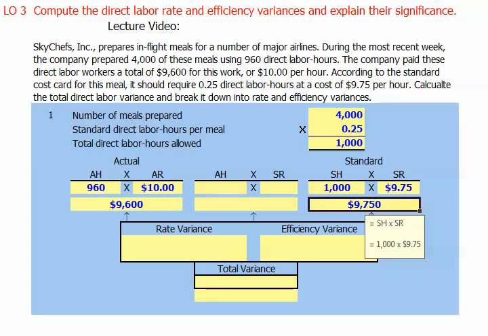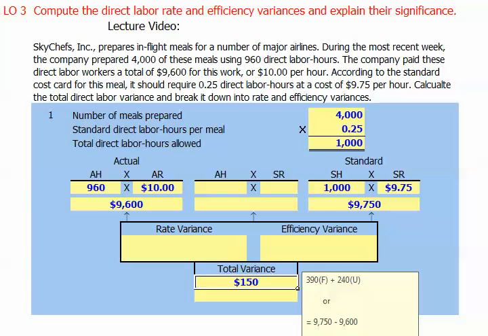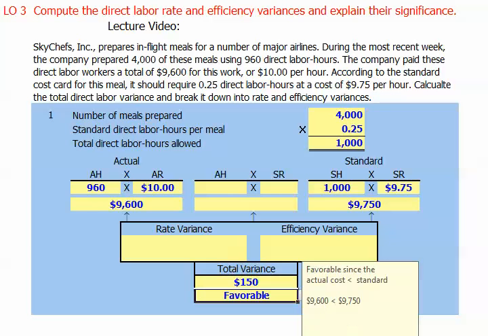That's the 1,000 hours times our standard rate of $9.75 per hour. We can see our standard cost is greater than our actual cost. So our total variance in this case is $150, and it would be a favorable variance because our actual cost was less than our standard cost.